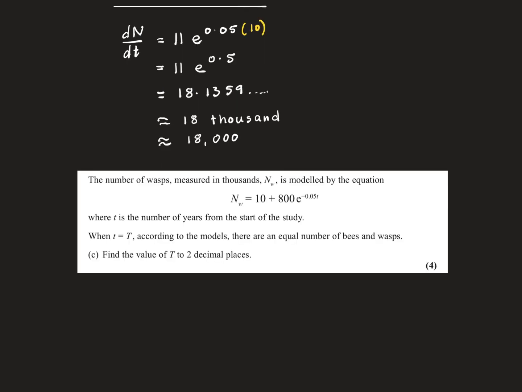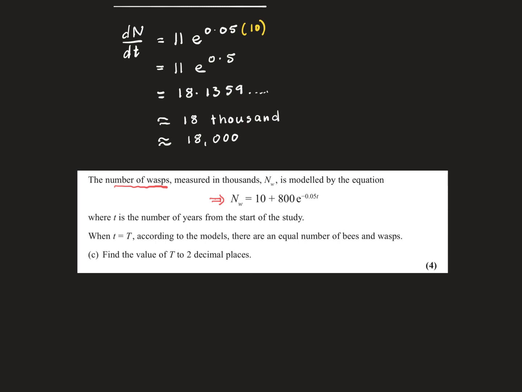And for the last part, which is also 4 marks, we are given the number of wasps now by this equation that we're going to model, where t is the number of years from the start of the study. Now, when t is capital T, some t, according to the model, there's an equal number of bees and wasps. And we're to find that capital T to 2 decimal places.